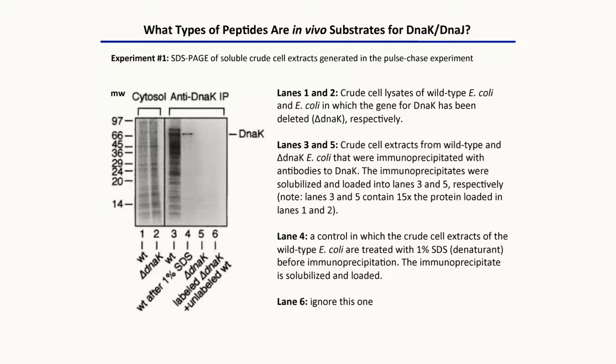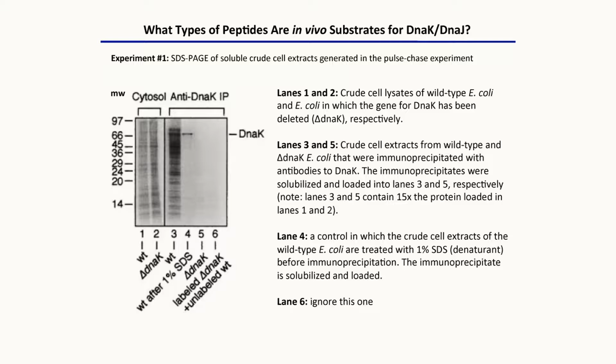What I would say, looking at these two lanes, is first, it looks like the total amount of protein and the distribution of these proteins is similar for both the wild-type E. coli and the delta DnaK knockout. There's proteins that are distributed across a wide range of molecular weights, from below 14 kilodaltons to upwards of 100.